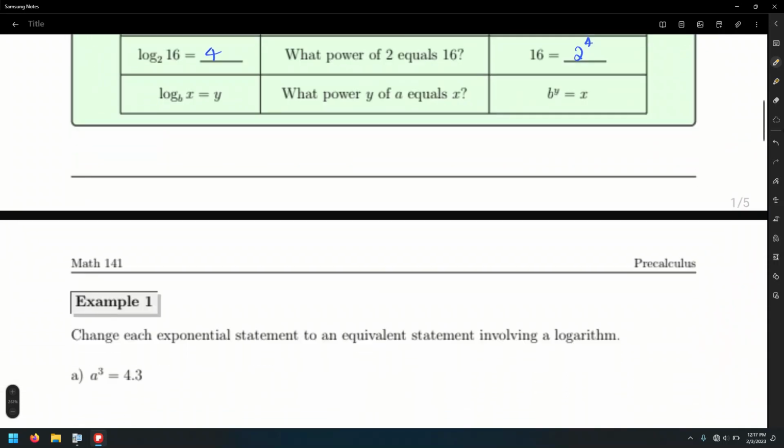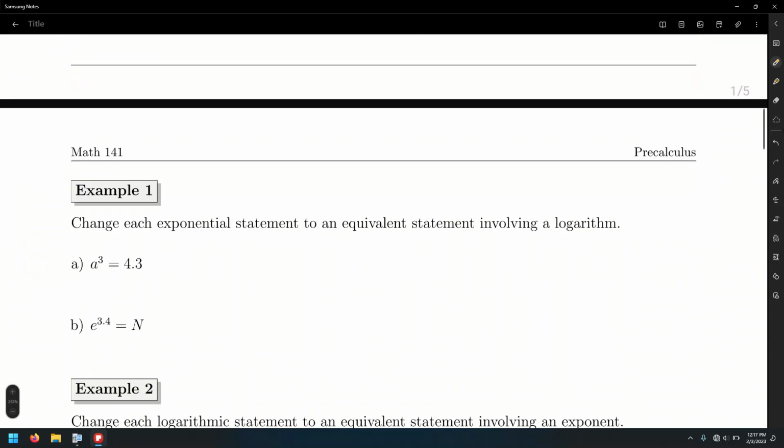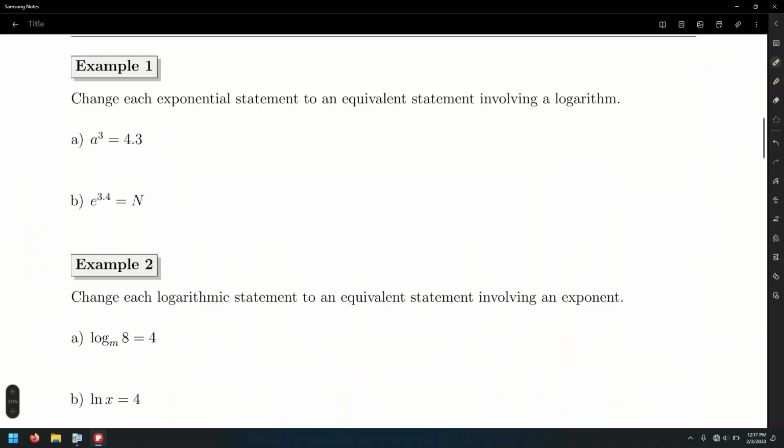So let's do more practice. We are asked to change each exponential statement involving a logarithm. By definition, number one, log base b of x equals y if and only if b to the y equals x. So here we have an exponential form. Let's write its equivalent in logarithmic form.